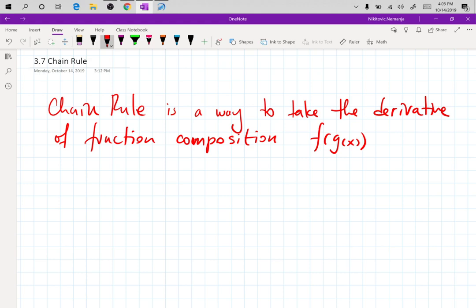You know, just having a sine x. Already, if you have sine 3x, it's a function composition because there is a 3x linear function embedded in sine. Also, e to the 5x. 5x is a linear function embedded into e to the x to create e to the 5x.